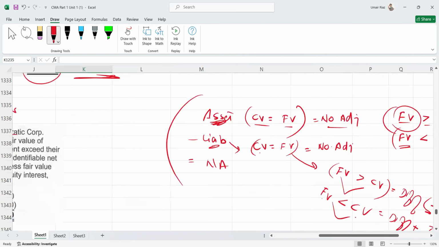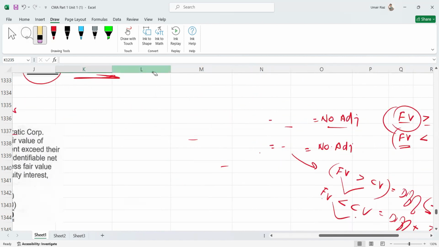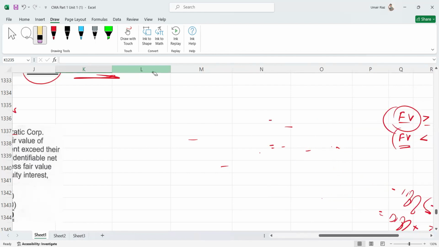So for the goodwill working, guys, we need first of all the consideration transferred, and we acquired here 100%.